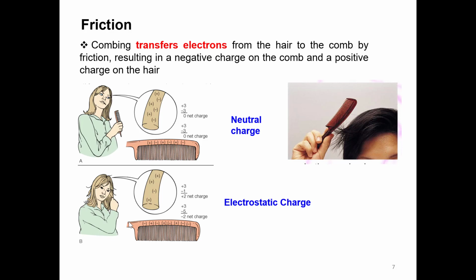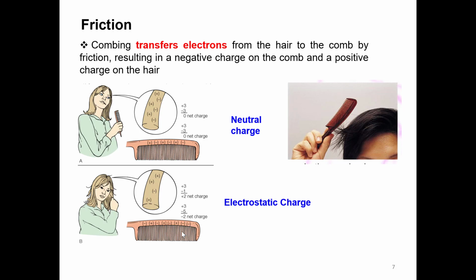In this process, the hair will lose some electrons and become positively charged. For example, just as an example, it loses one electron, and the net charge will be positive. But the comb will gain electrons and be charged negatively, with a negative net charge.